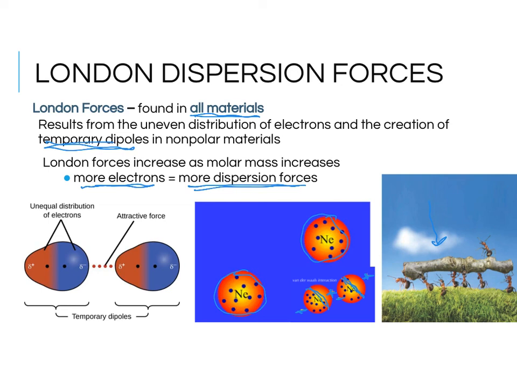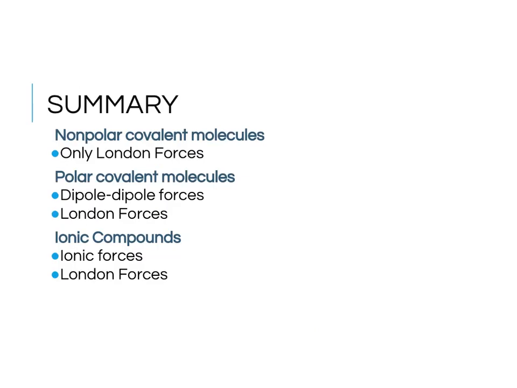The same thing applies with these elements. If I have more electrons, that means this momentary attraction occurs way more often, so it adds up. The more ants we have, the more they can carry. It's the same thing with London dispersion forces.